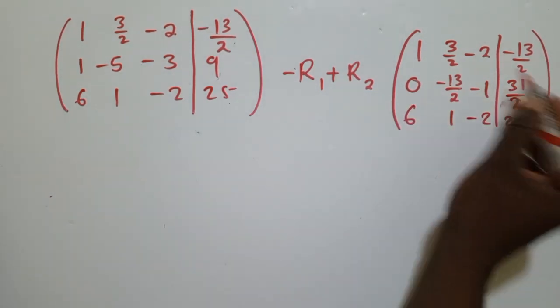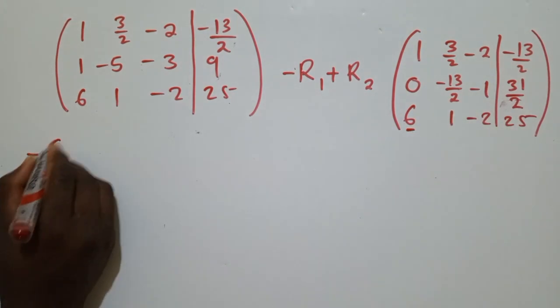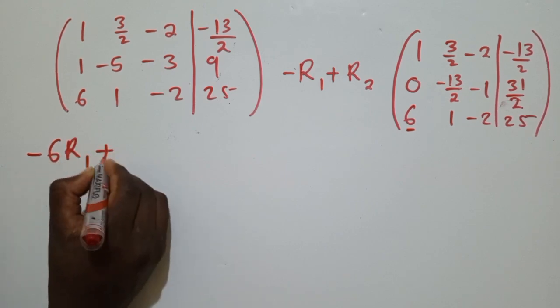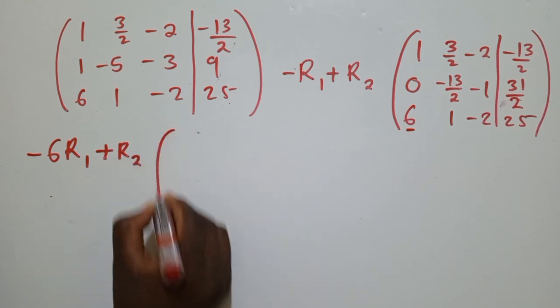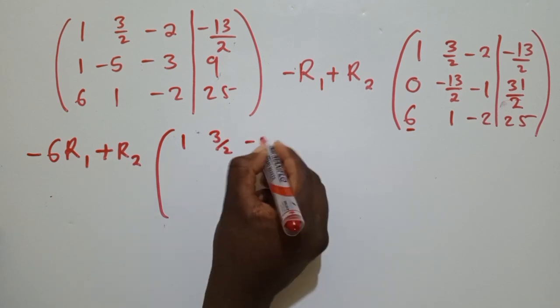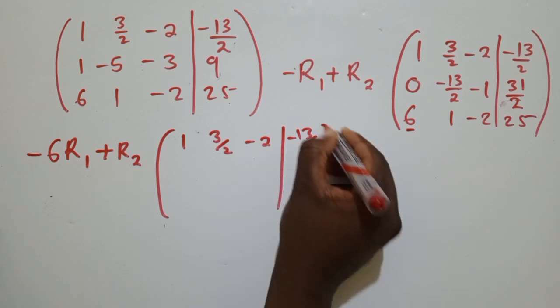So next, from this stage, we are going to make a 0 here. So we shall say negative 6 R1 plus R2. So this is giving us a 1, 3 over 2, negative 2, negative 13 over 2.